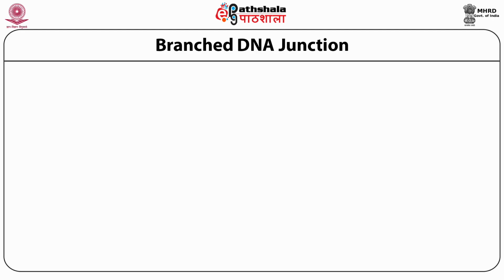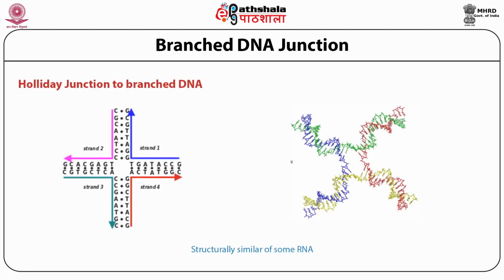But now we need to know about this branched DNA junction. Now in the branched DNA junction, you can see this is a stable branched DNA junction which can be formed by 4 strands, and if you look at some segment of strand 1 and strand 2, it is complementary, whereas the other part of strand 2 is complementary to DNA strand 3, and they can form this kind of branched DNA segment.